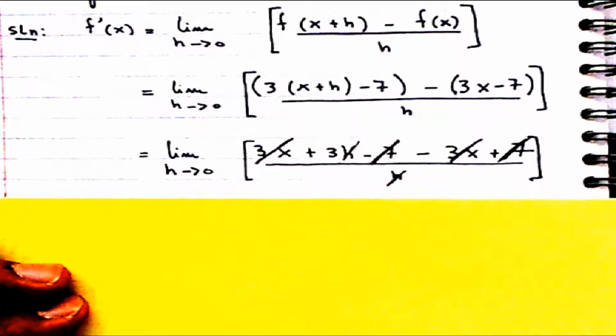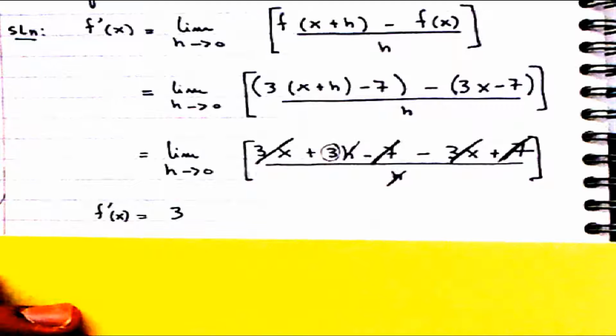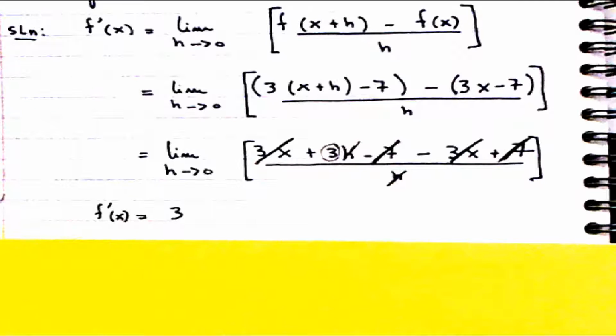Nice. So we're left only with that 3 up here. So the derivative is 3, because if you remember, the limit of a constant is the constant itself. Done. I don't think that was very complicated.